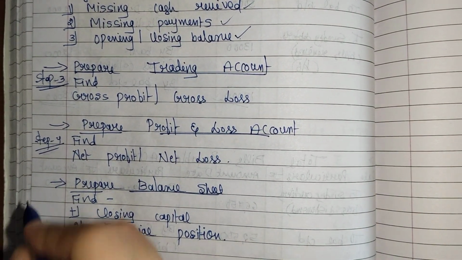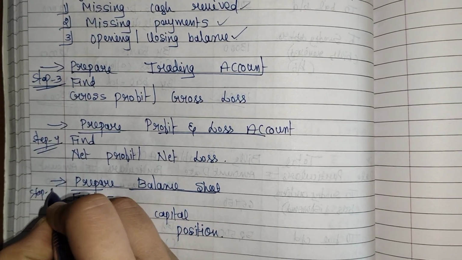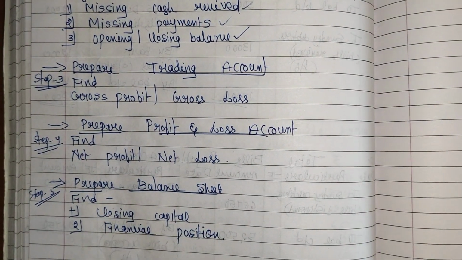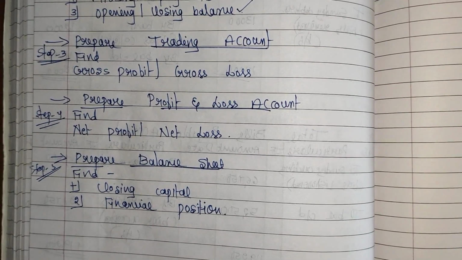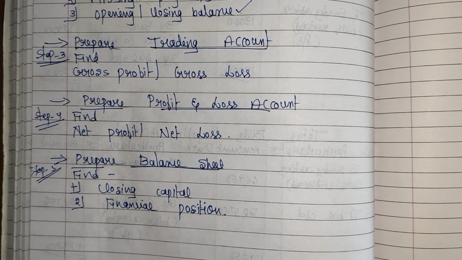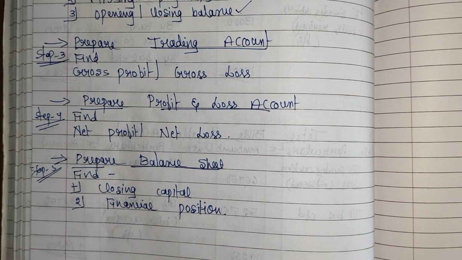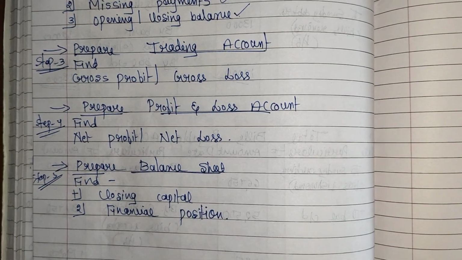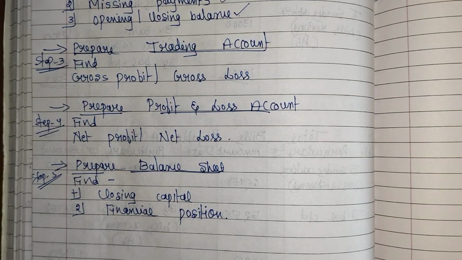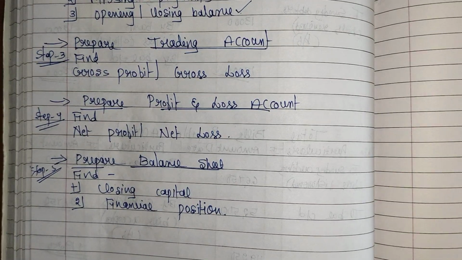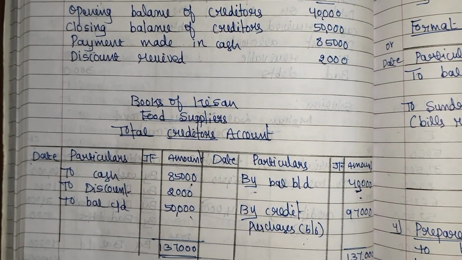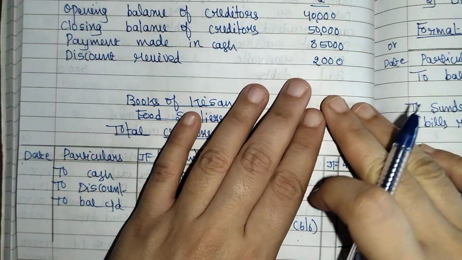And after that, step 5, finally we need to prepare the balance sheet to find out the financial position or closing capital. Clear? So in this way we need to find out the profit or loss under the conversion method. Clear? So I think this conversion method is clear to you all.